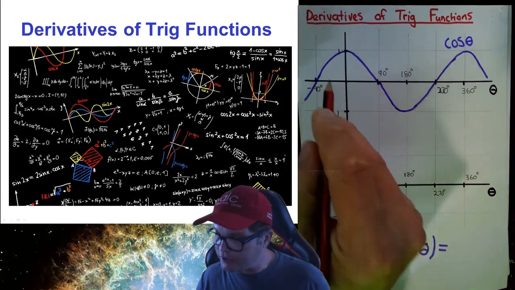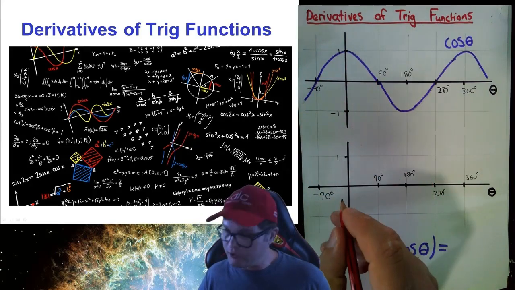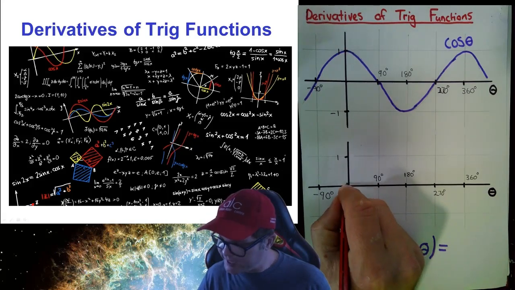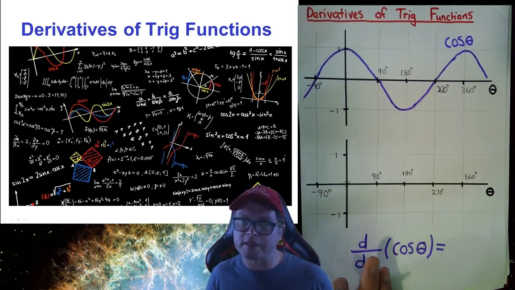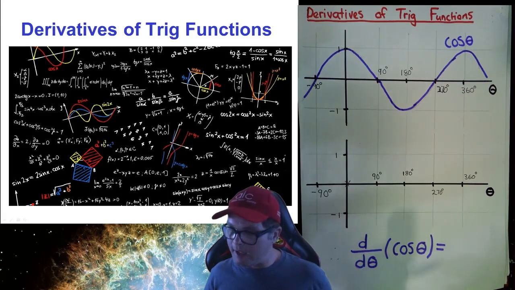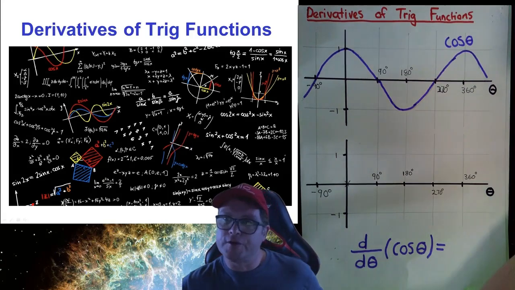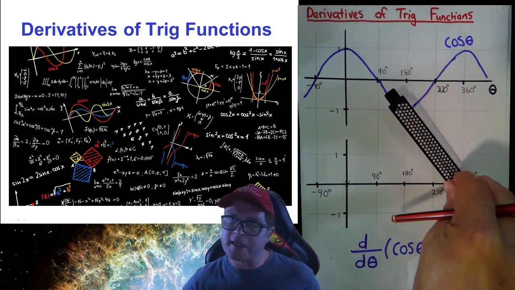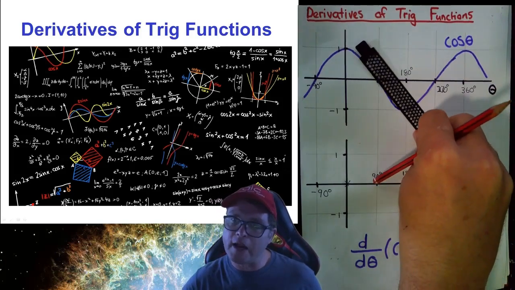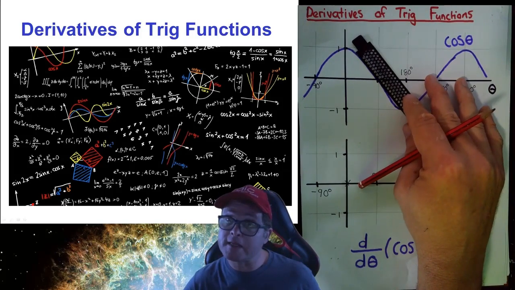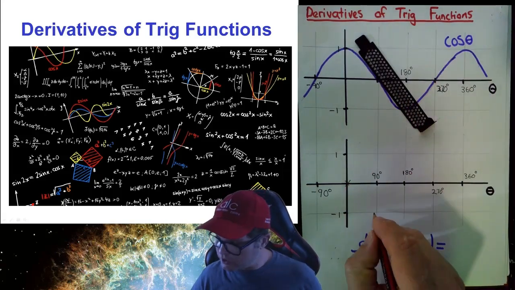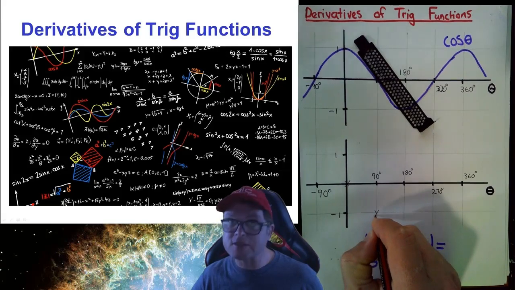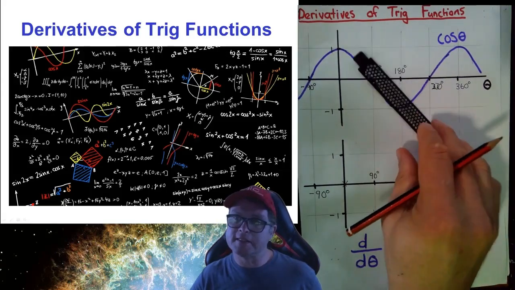Over here, the gradient is going to be 0 because the graph is flat. So this is going to be our first point on the gradient curve. When we move to 90 degrees, you can see the line is pointing downwards. The slope is negative, right? And the value is going to be minus 1. So over here, it's going to be minus 1 at 90 degrees.